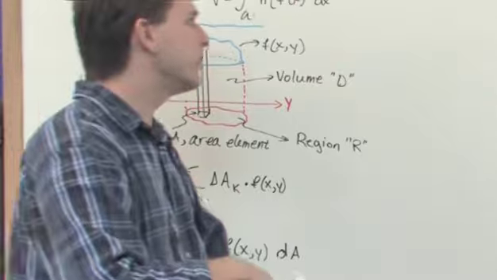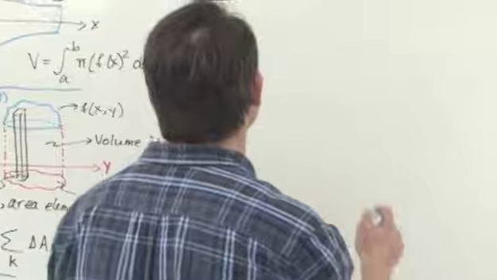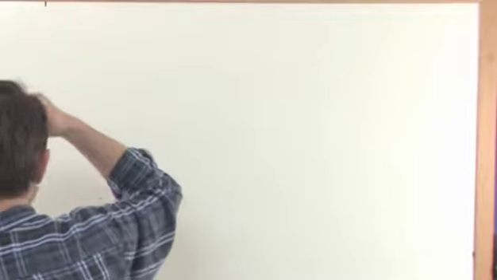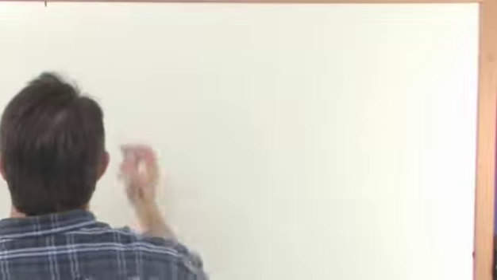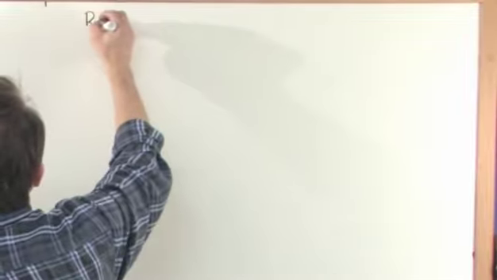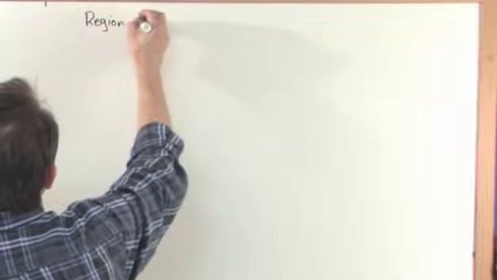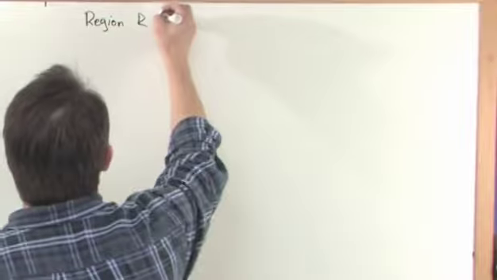Okay, so in order to do the problems, I need to present a couple of things. It's all going to be dealing with the region R that we were talking about before, okay? If the region R looks something like this.